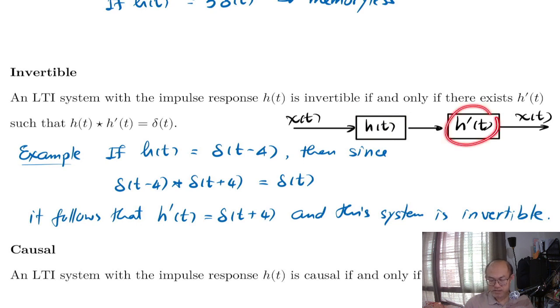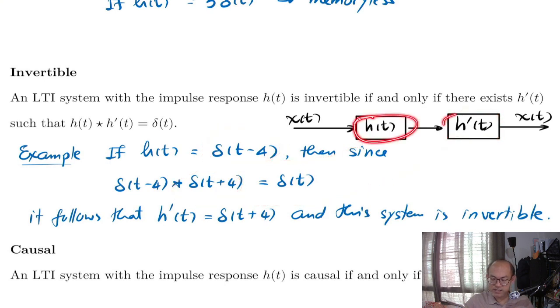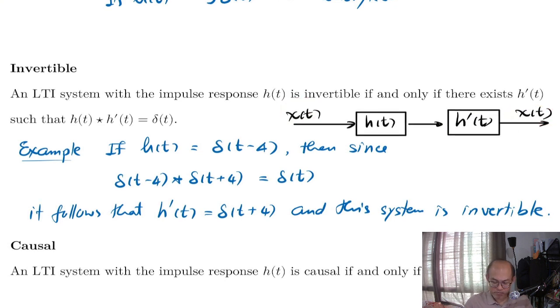But if you cannot find this, then h would not be invertible. Now in this particular example, h is delta t minus 4, so h prime would be delta t plus 4, so that this is delayed, this is advanced, right? If you delay it by 4, you have to advance it by 4 to compensate for the delay, to get the original signal back. So this is what it does in this example.